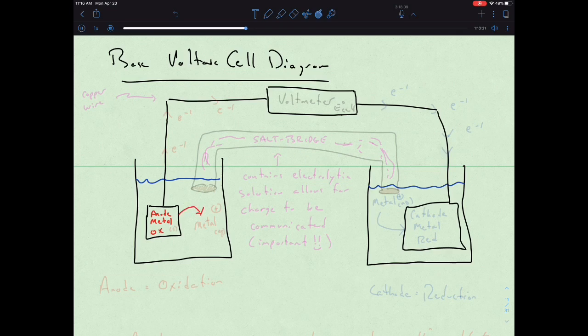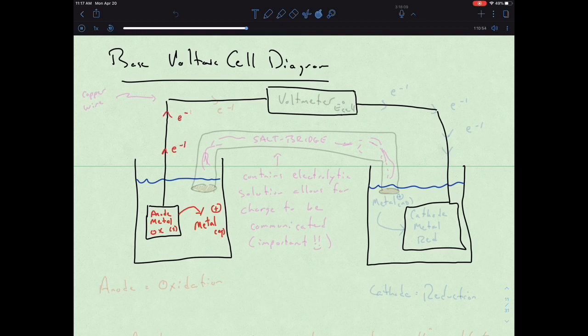So if we think about it, the metal is going from this neutral charge as a solid to this metallic ion in solution. So we're going from the solid metal to aqueous, and so we're losing electrons.